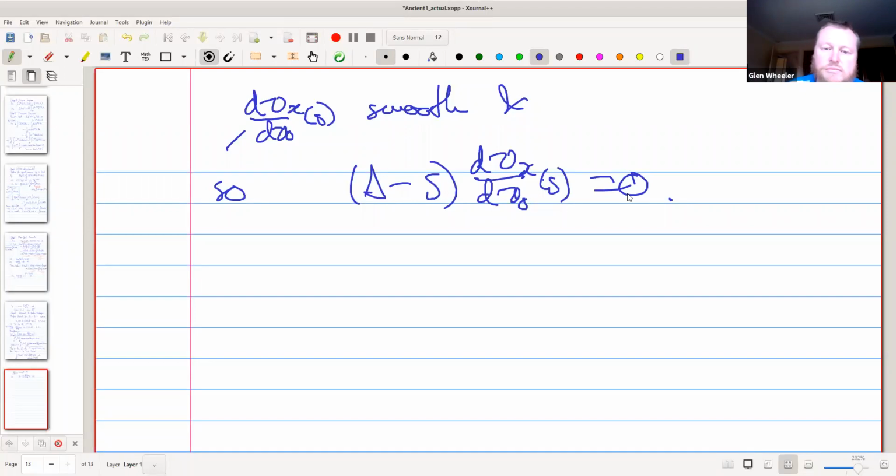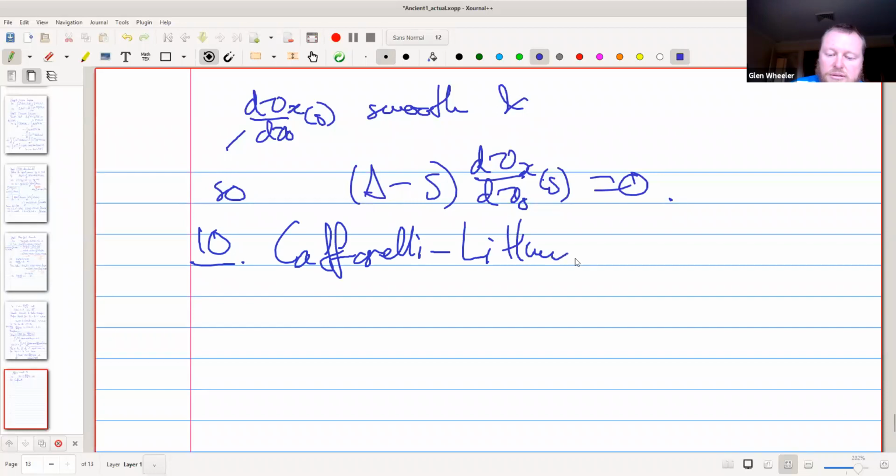Brilliant. Well, this is a well-studied PDE. And in particular, we have a representation theorem for solutions of this PDE. I mentioned this before, but I didn't go into any detail, and I'm not going to go into any detail.